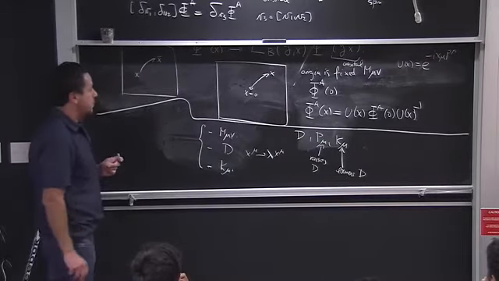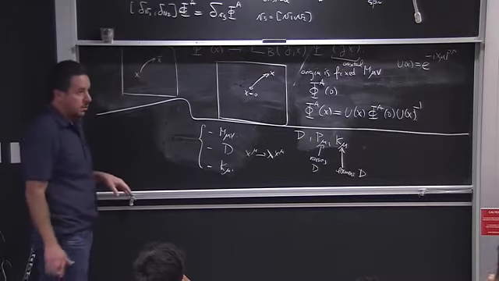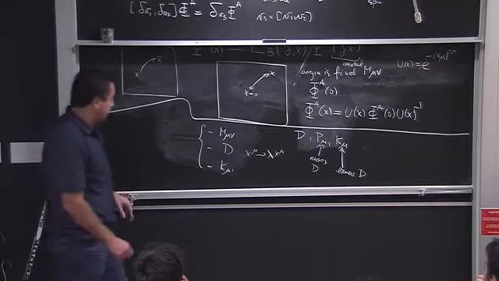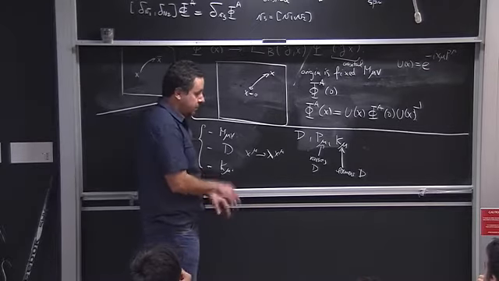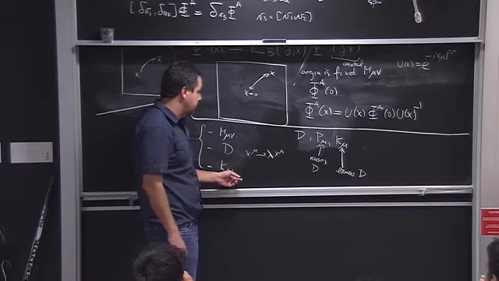So if you want to construct a representation that has energy bounded from below, then the highest weight state has to be annihilated by K.